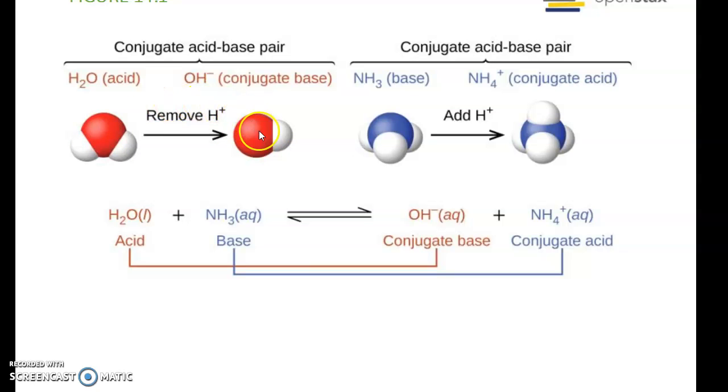So this is the conjugate base of this. Here you have NH3. This is the conjugate acid where you have added the hydrogen. Okay? So this is the acid in this case. This is the base in this case. This forms the conjugate base and the conjugate acid. Acids and bases are on one side. The conjugates are on the other side. Okay?